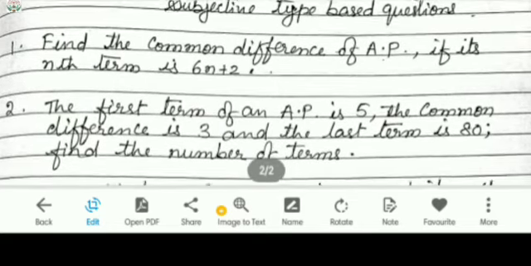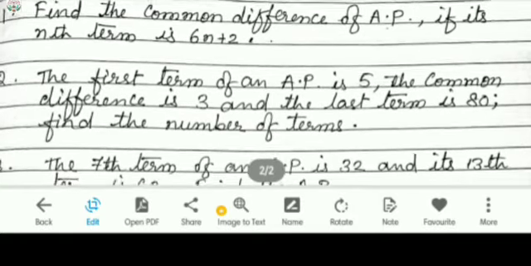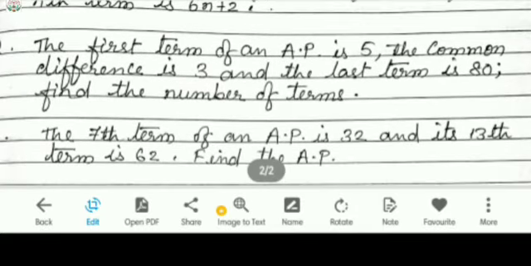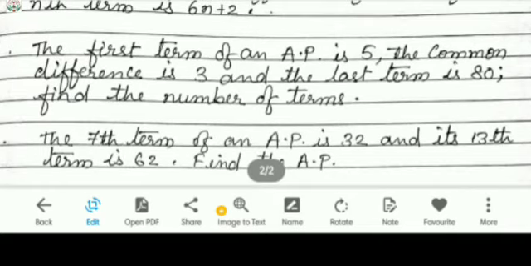Solve it. Now the second question: the first term of an AP is 5, that means A is 5. The common difference D is 3, and the last term L is 80. Find the number of terms.